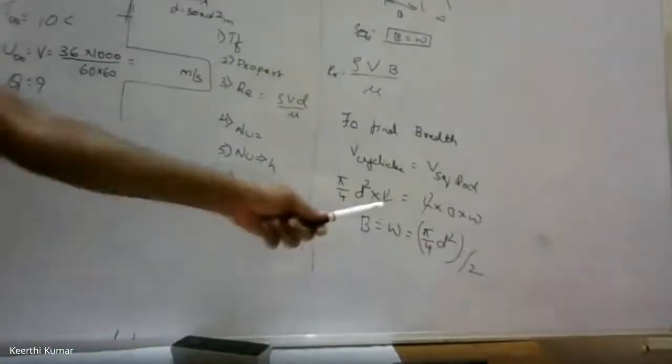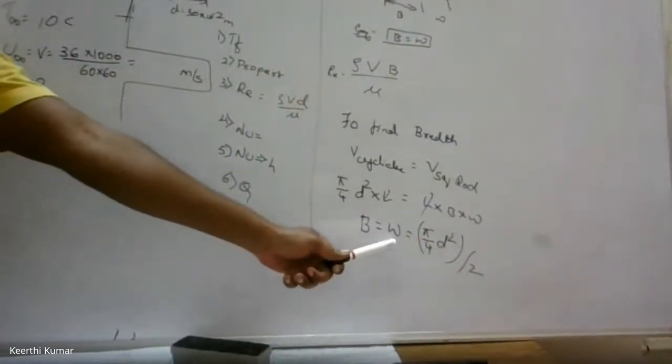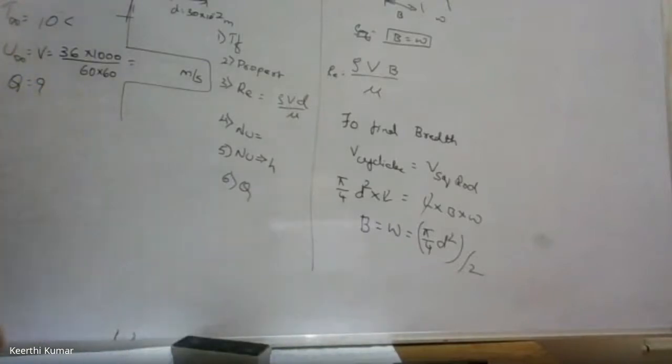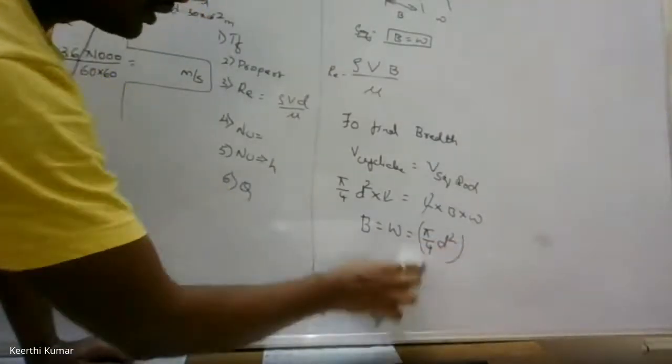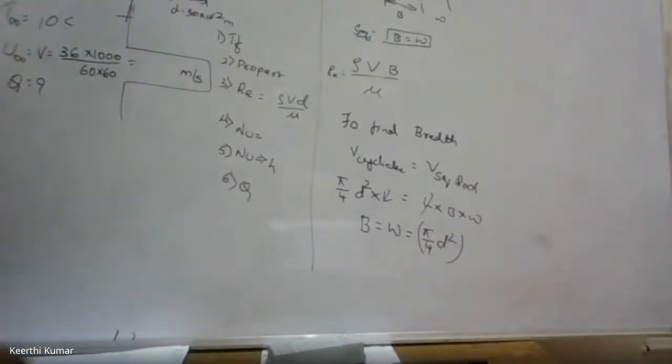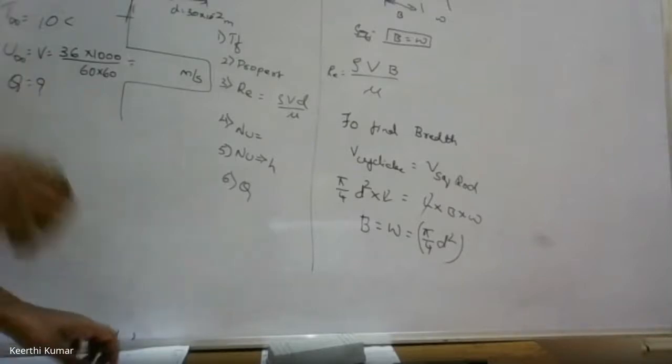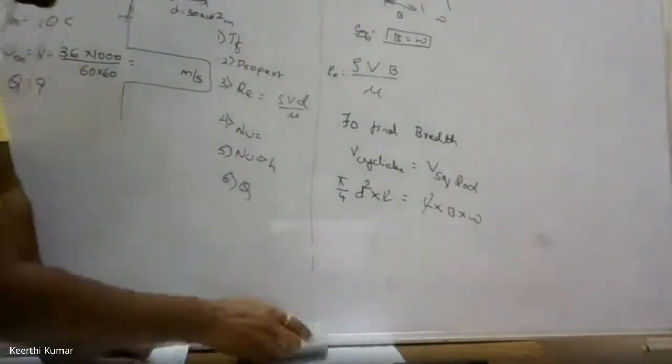You find out the B or width value and tell me the answer fast. So it will be the root of that. B equal to W equal to root over pi by 4 D square, correct, sorry. Okay, what is the answer?